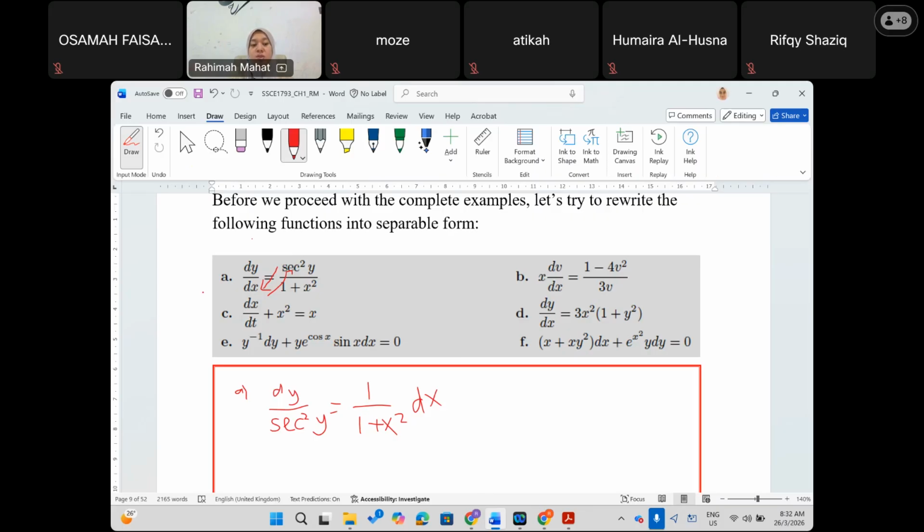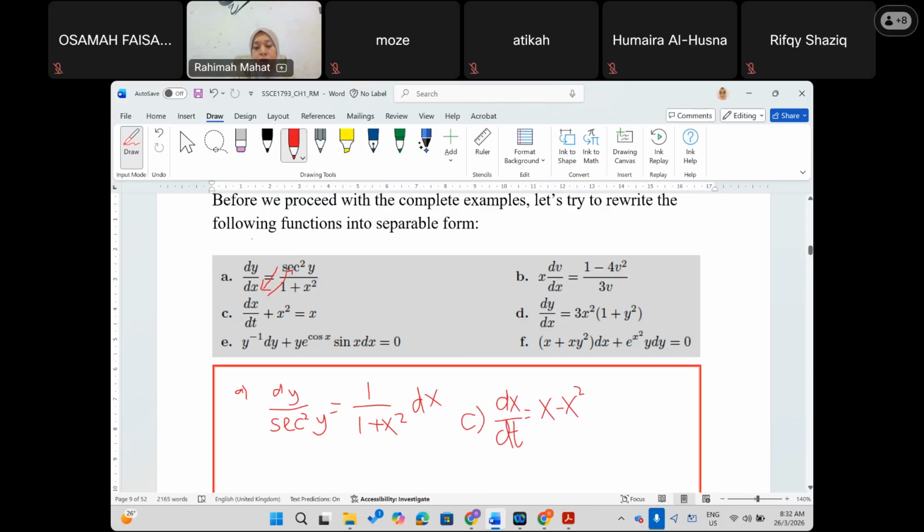For this one, you just do the separation. For C, you have dx over dt equal to x minus x squared.